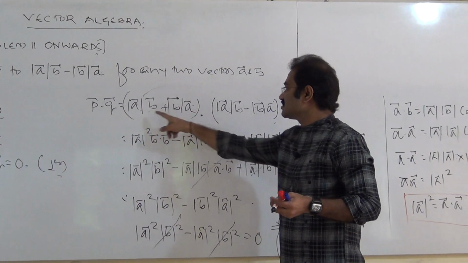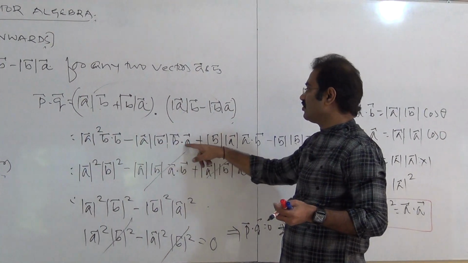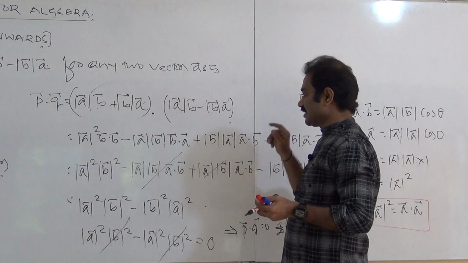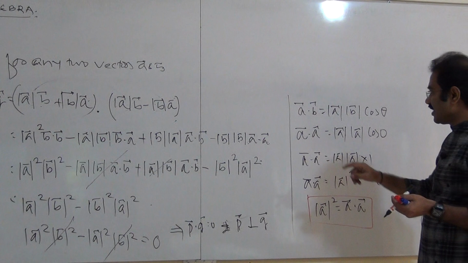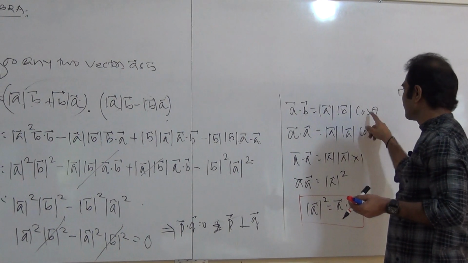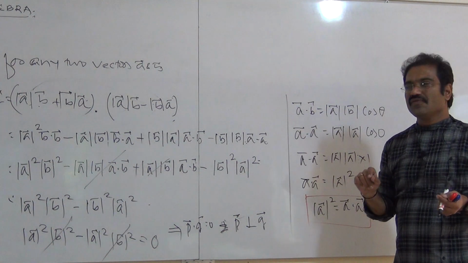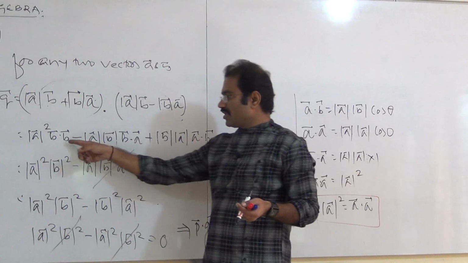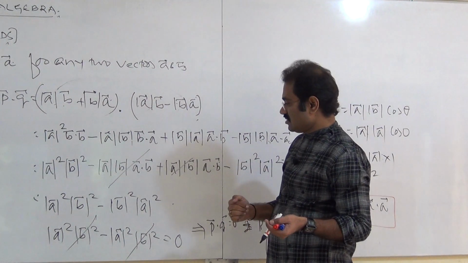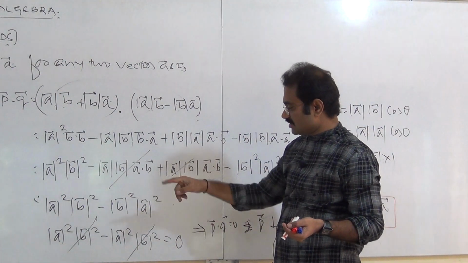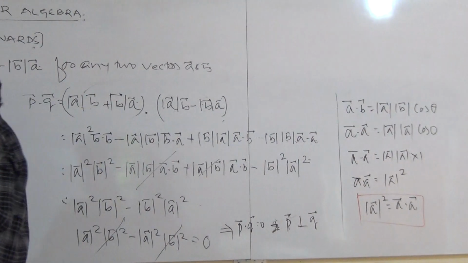This into this, B dot B. This into this, A dot B into B dot A. Here B dot B is magnitude of B square and A dot A is magnitude of A square, since cos 0 is 1. Therefore, cancellation, and the answer is equal to 0.